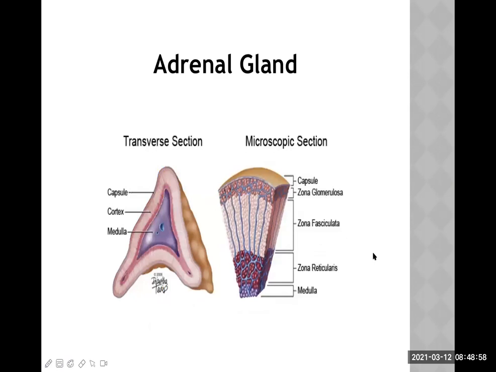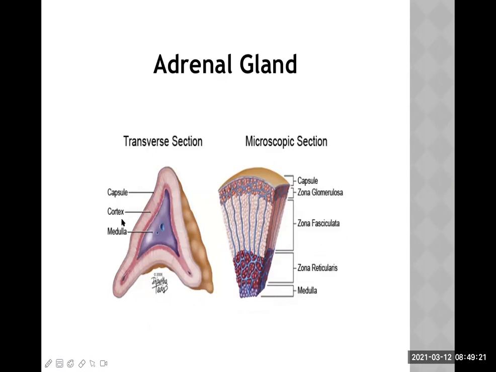Now, the more important point here is histology. When we cut this adrenal gland, okay, as a transverse section, see this. These are the parts. The outermost covering is called capsule. The outer layer is called cortex, and the inner part is called medulla. Just like any other organ, these are the very common terms.